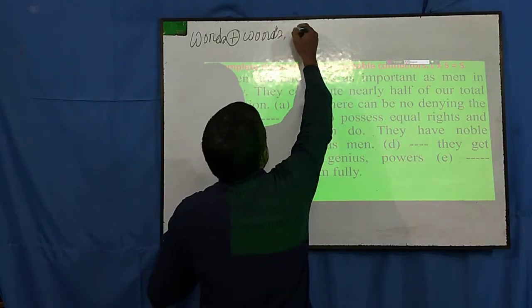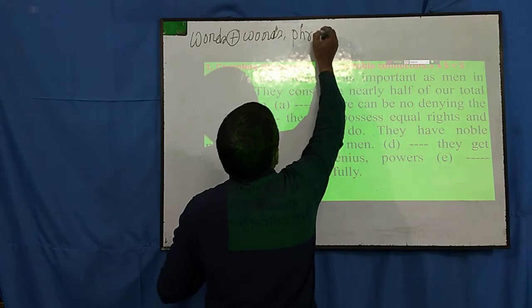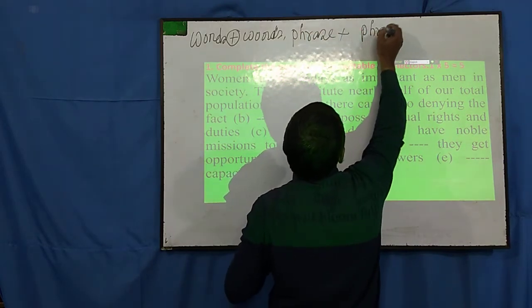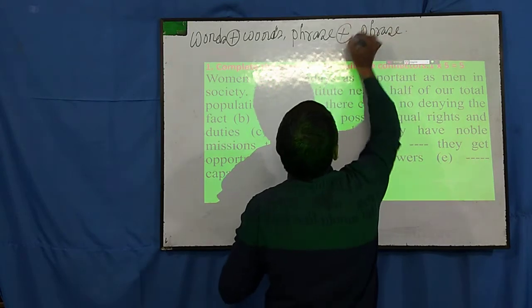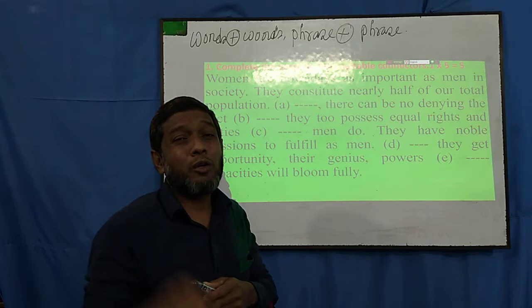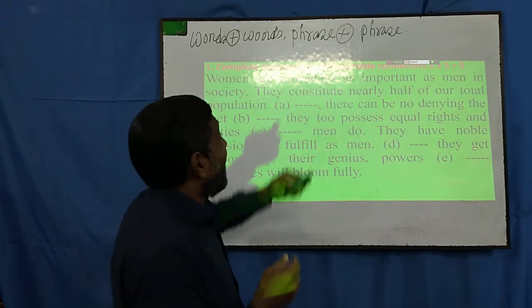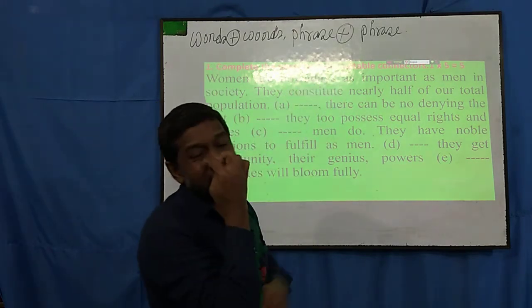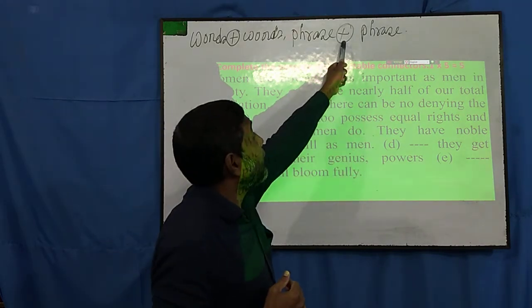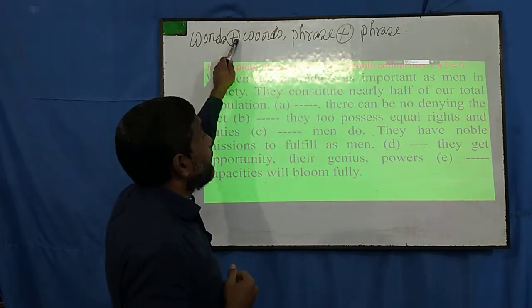Number 2, they may join a phrase with another phrase. If I want to join 2 phrases or 2 idioms together, I must use a sentence connector here. So this is pillar number 2, and this is pillar number 1.